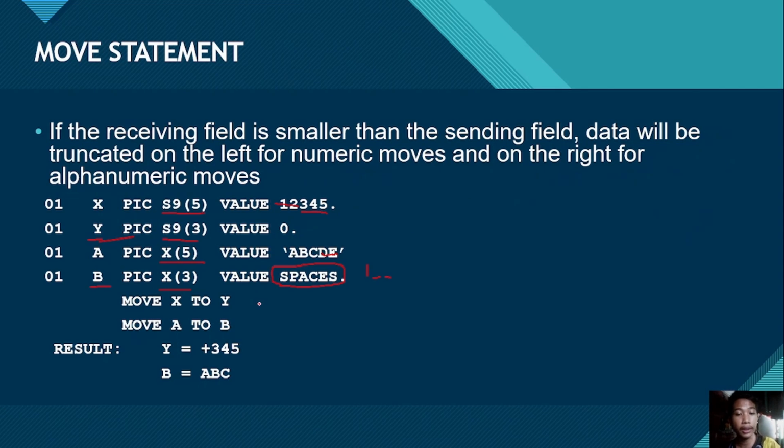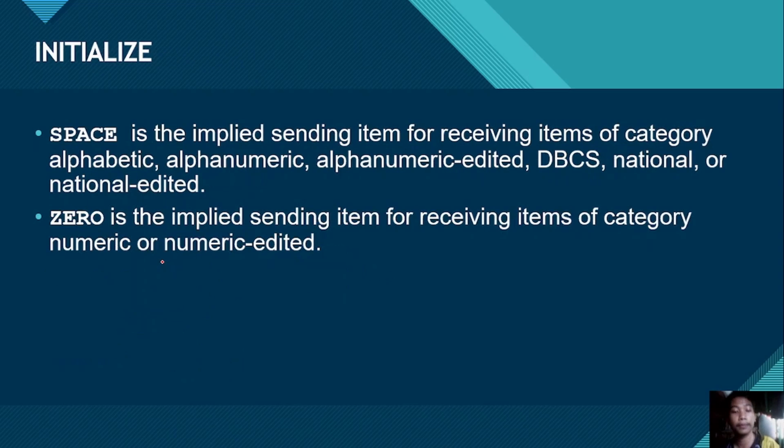So just like here, space is the implied sending item since we're receiving an alphanumeric or alphabet from this one. But if it is numeric or numeric edited, then 0 is the implied sending item for receiving items of category numeric or numeric edited.